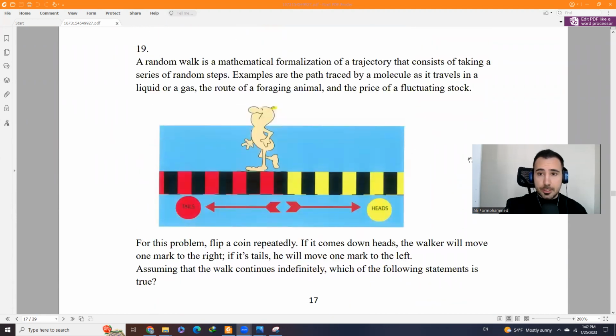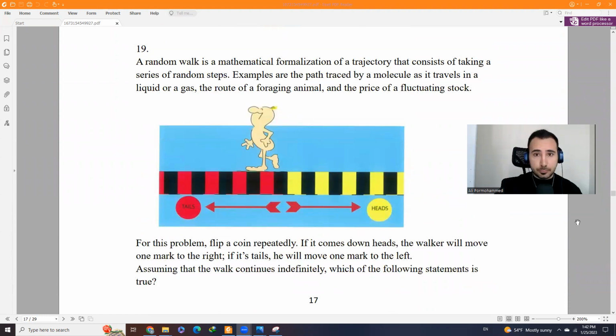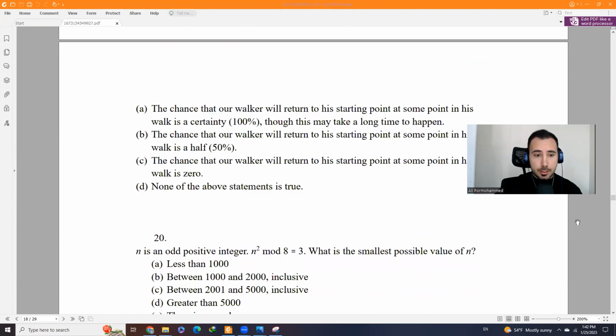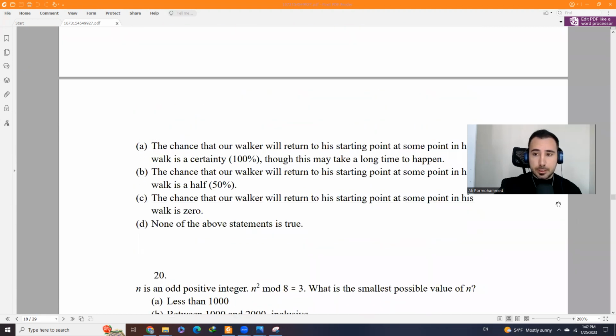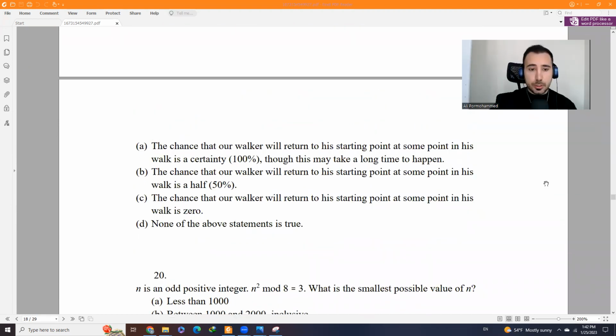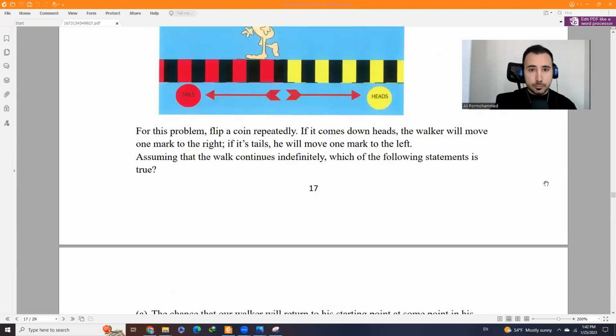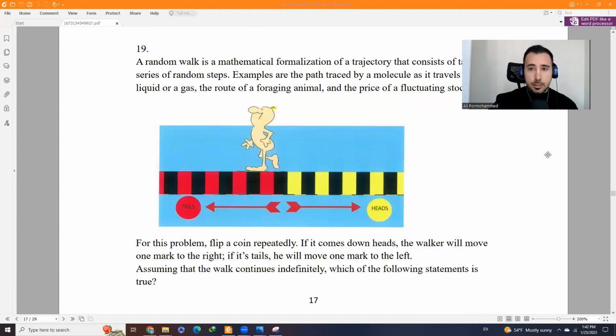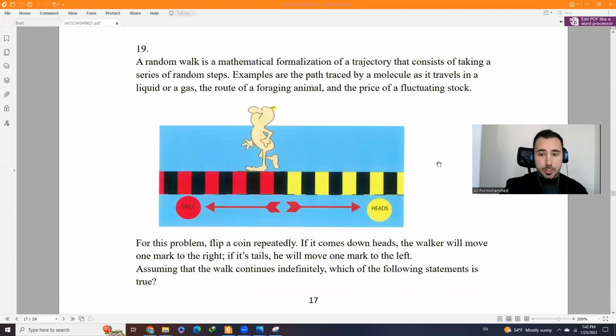Okay, so please read the question. And again, pause the video and read this part. So basically, what does the question say? It says that this person starts from the middle.